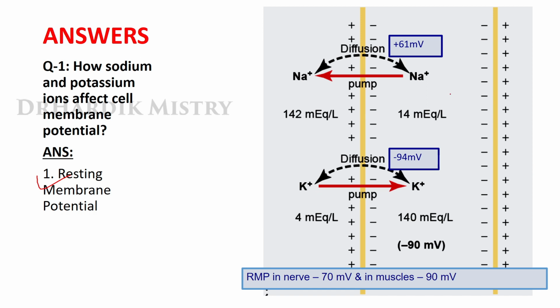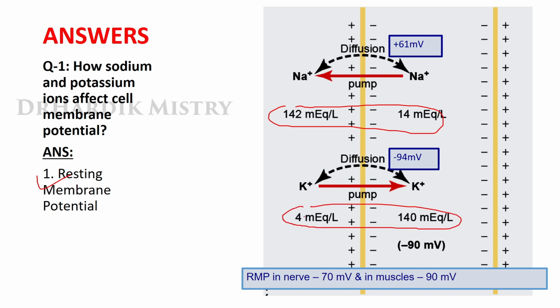When the equilibrium potential of the sodium ion is put in the Nernst equation, it gives a value of +61, and when we put the potassium ion, with values 4 and 140 millimole per liter, in the Nernst equation, it gives a value of -94 millivolt.